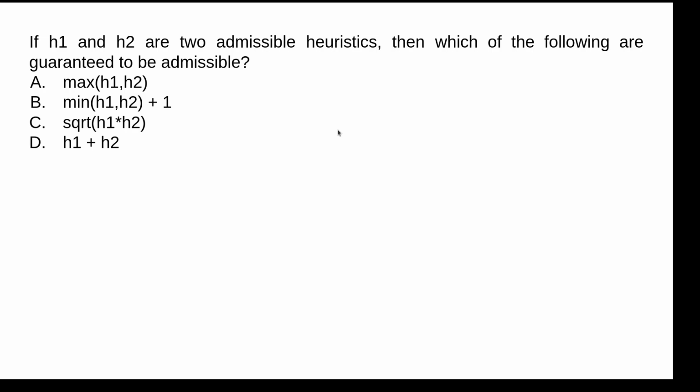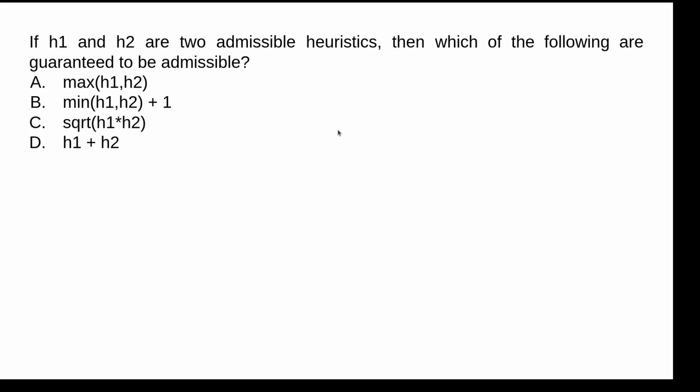If we multiply H1 and H2, let's say 5 and 4, it becomes 20. If you take the square root, it comes to something close to 4 point something. So it is less than the maximum one.